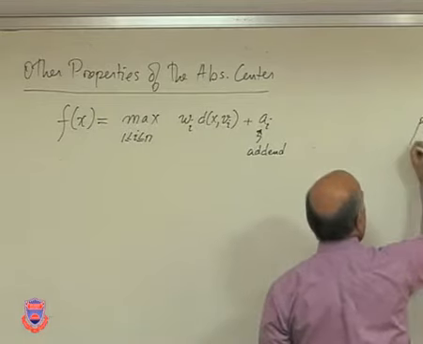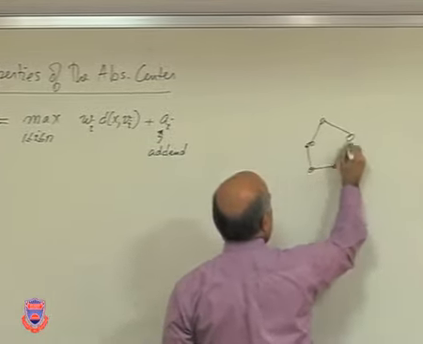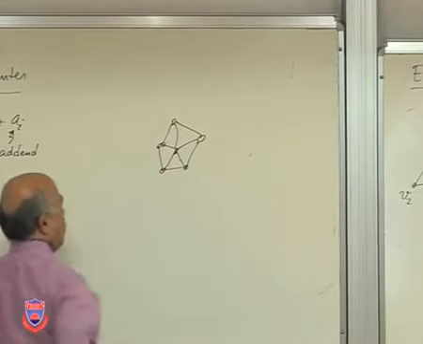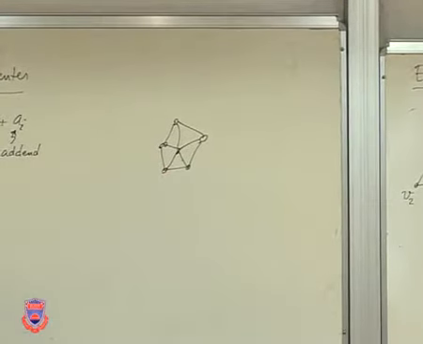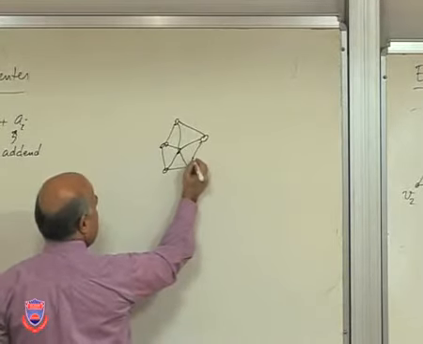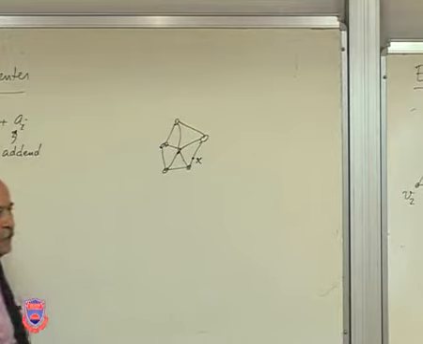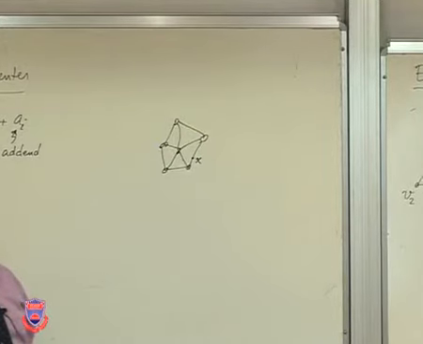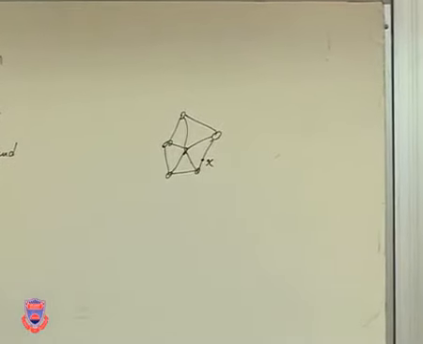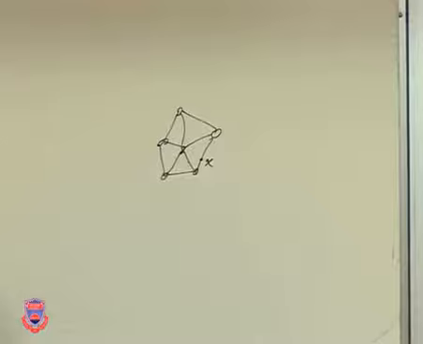If you have a network such as this one, and if you're locating, for example, an ambulance, the ambulance will be located somewhere, at x, for example. And you want to get to the vertices as quickly as possible, meaning you want to minimize the maximum weighted distance to the vertices.